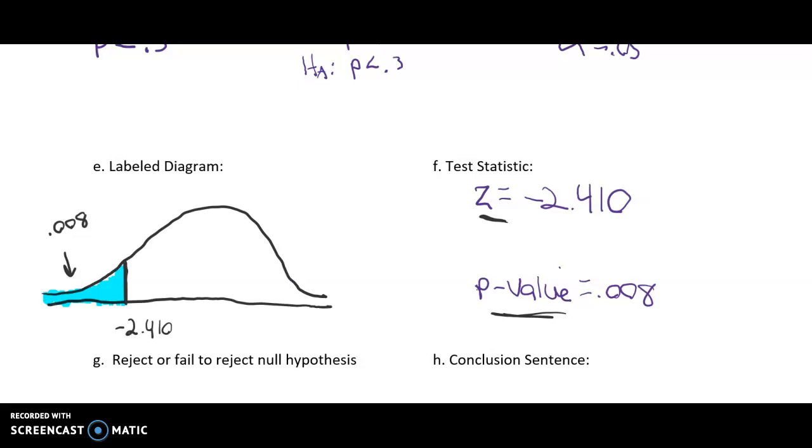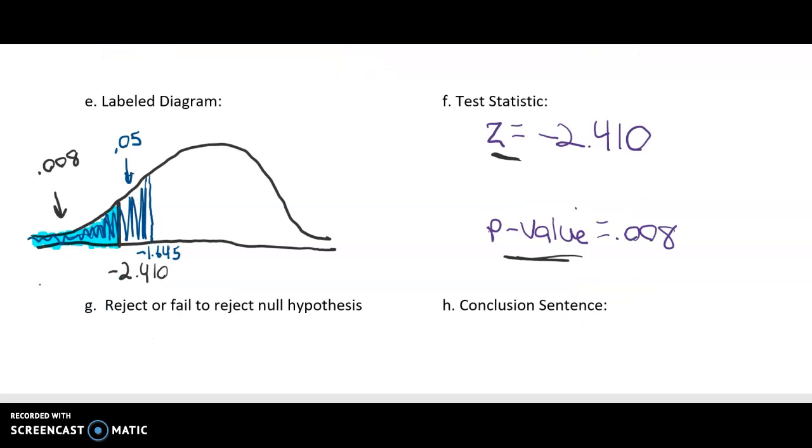Now, our alpha for this problem is 0.05. So I'm going to shade a region here. This is not to scale. And this whole shaded region is 0.05. My critical value associated with the left-tailed test with an alpha equals 0.05 is negative 1.645. And I got that from page 2 of this very document.